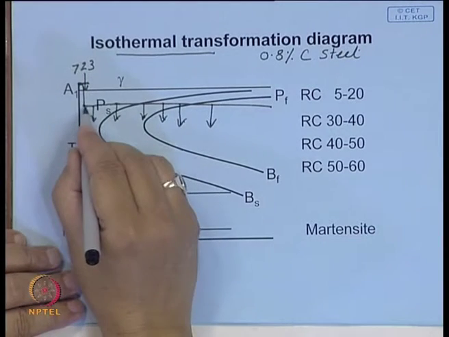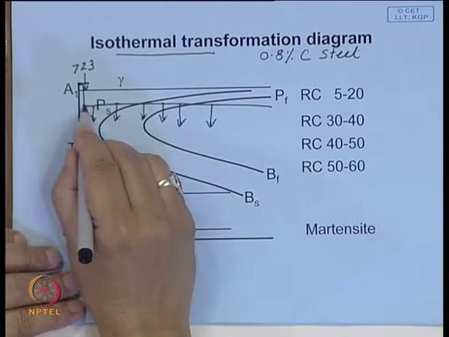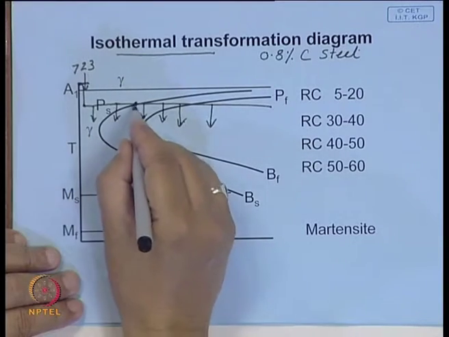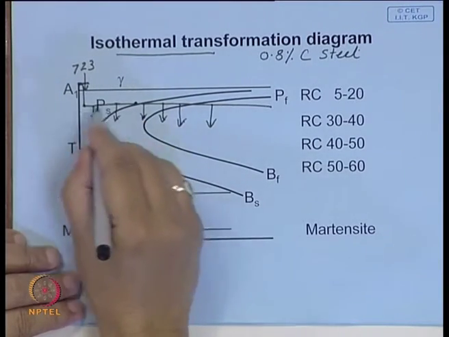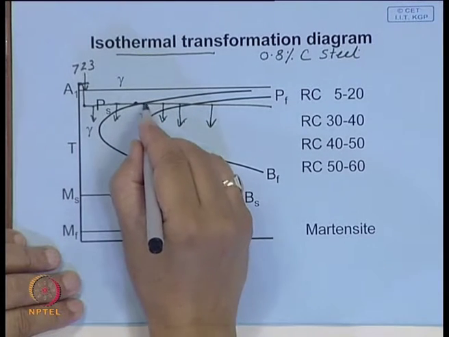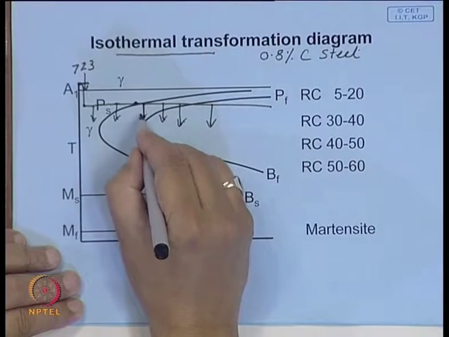What you will find is that the structural feature until this particular point is exactly the same, an identical feature, but once it crosses a particular point, you find that perlite starts forming.